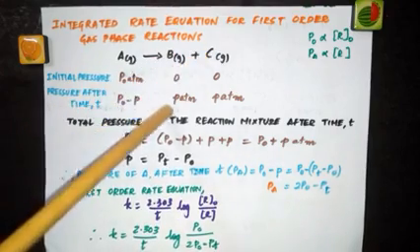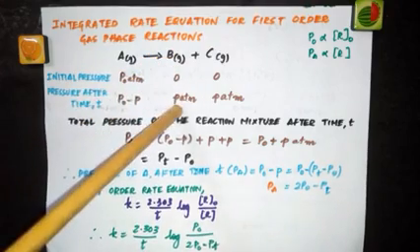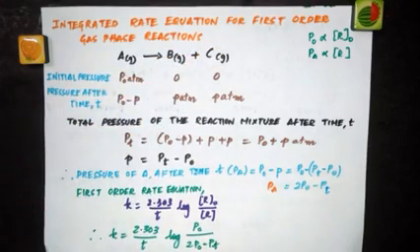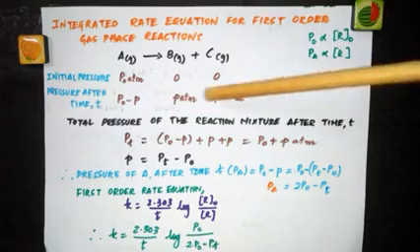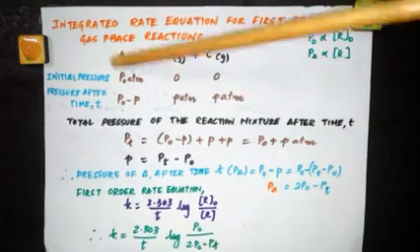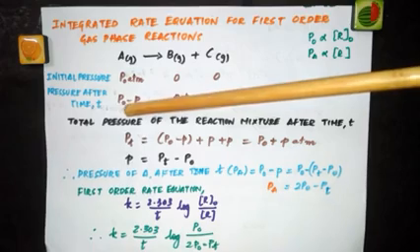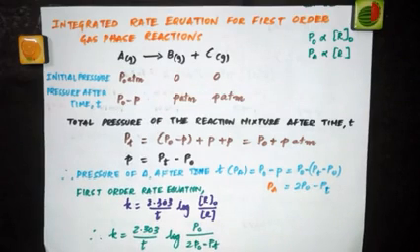So B and C, they are formed. So we have P atm for B and P atm for C. We have studied about this in grade 11 in chemical equilibrium. So the decrease in pressure of A is small p and the increase in the pressure of B and C will be P. So that's the reason why we've written P atm here, P atm, and the decrease here is P. So the remaining pressure of A will be equal to P naught minus P atm.